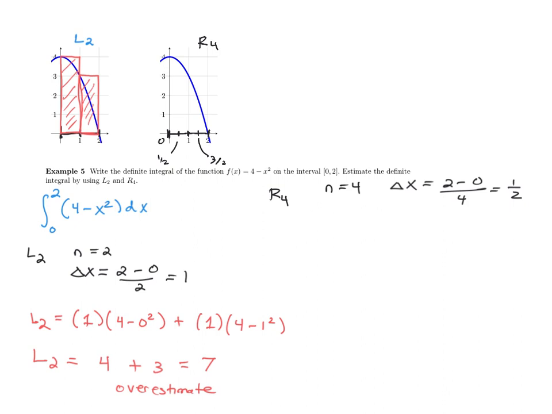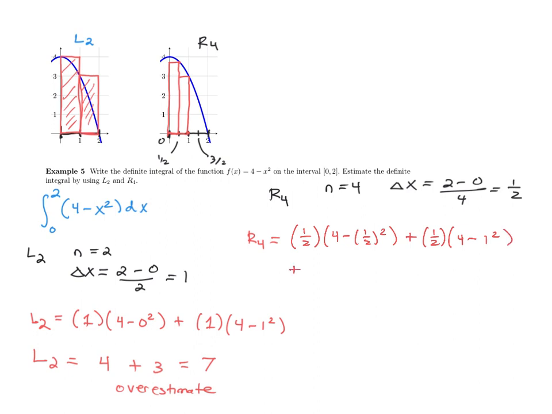So for this computation, for r sub 4, the first rectangle is going to have a base of 1/2 and then a height of 1/2 plugged into the function. So this is 1/2, the base, times the height, which is 4 minus 1/2 squared. To that, I'm going to add what we get at 1 using the right endpoint. So here, the base is 1/2, but the height is 4 minus 1 squared.